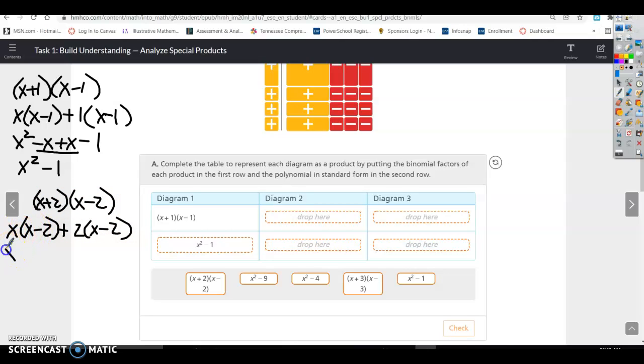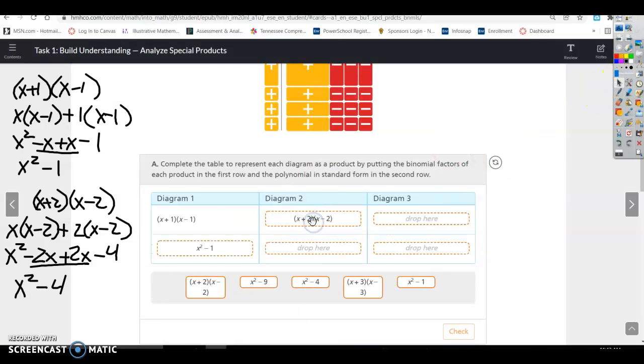We get x times x is x squared, minus 2x, plus 2x, and then minus 4. Again, you can see the same thing happens. The negative and the plus cancel the middle terms, and we get x squared minus 4. So diagram 2 was x plus 2 times x minus 2, and when we multiplied that, we got x squared minus 4.